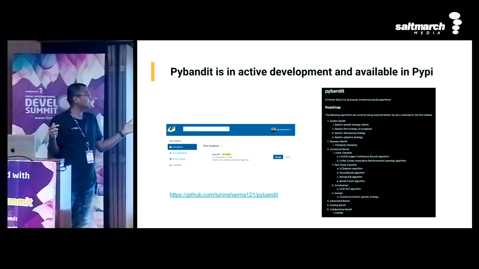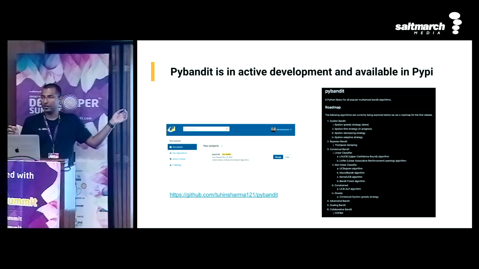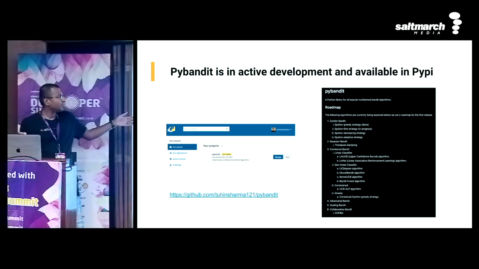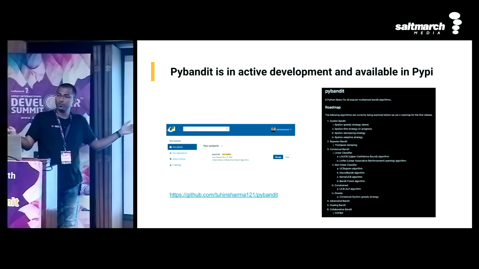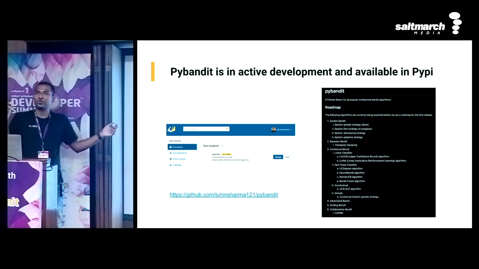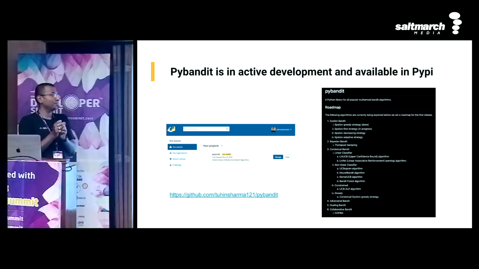So we started with Epsilon Bandit. It is highly technical in nature, so I'm not going to go deep into those. But this is the roadmap. We start with the Epsilon Bandit, and we're going to implement those algorithms and make them part of this. At the end of the day, we want to create a scikit-learn for multi-armed bandit algorithms. And for that, we need volunteers.